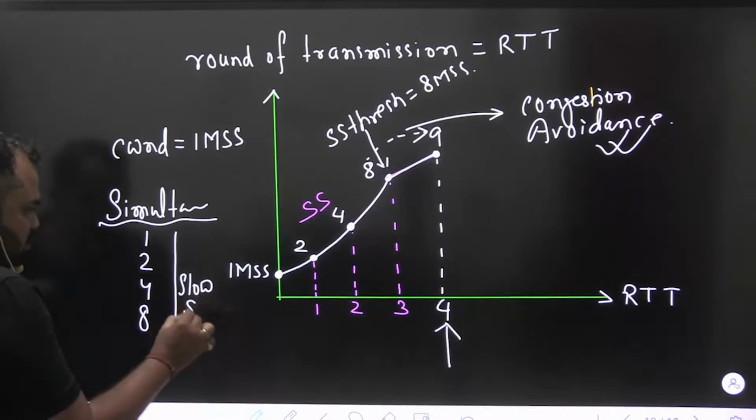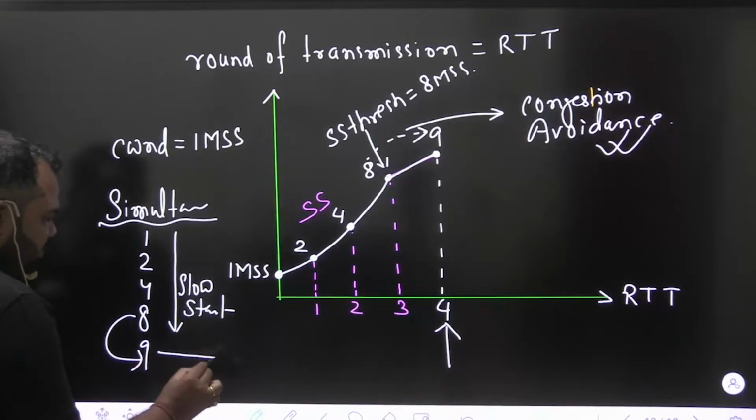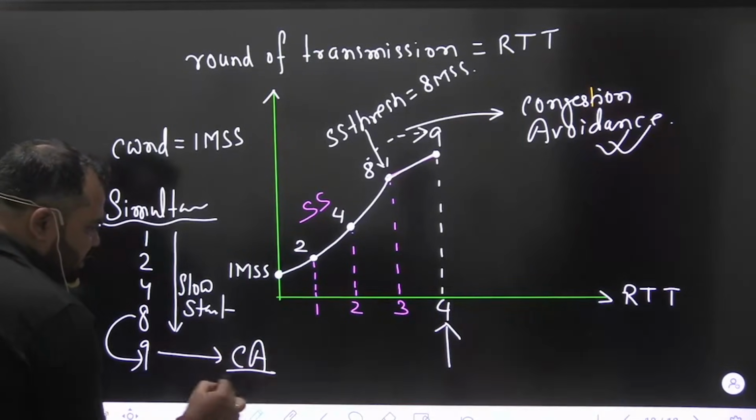But whenever you will find this shift, you can immediately claim this is the congestion avoidance phase, right?